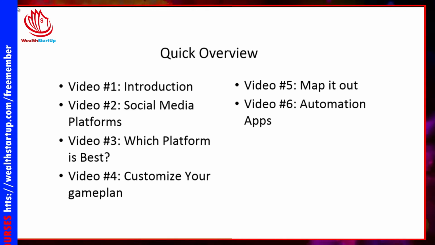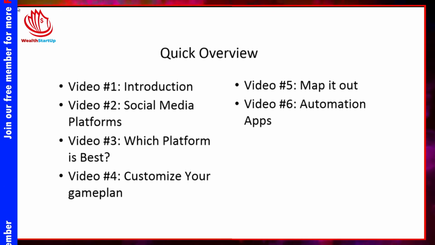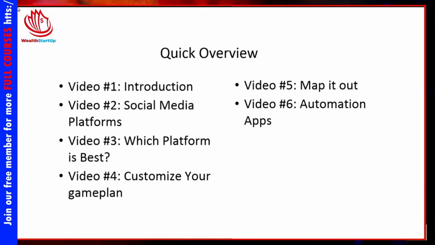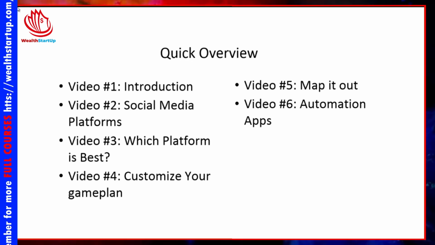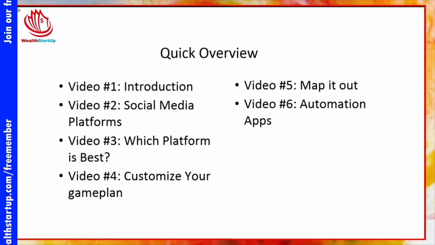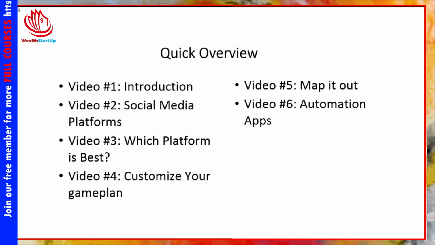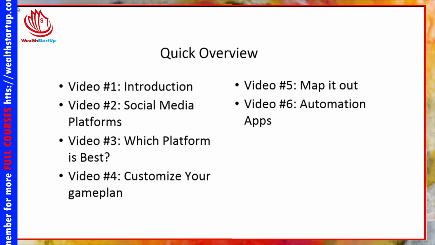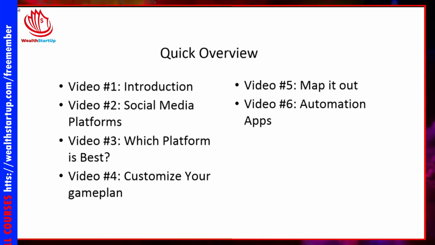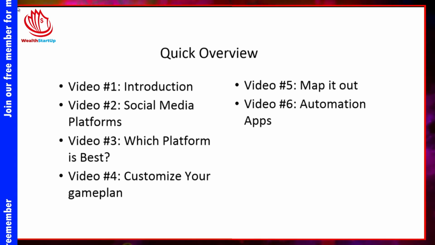Of course, last but not least, once you have mapped it out, we're going to talk about automation apps. There are many different apps out there that will allow you to automate your social media presence. For example, if you posted something like an image or content to Facebook, you could create automation apps that would copy that information to your Twitter, to your Instagram, and to other social media platforms as well.